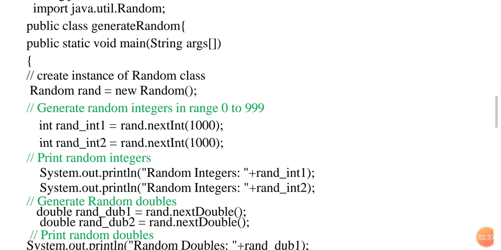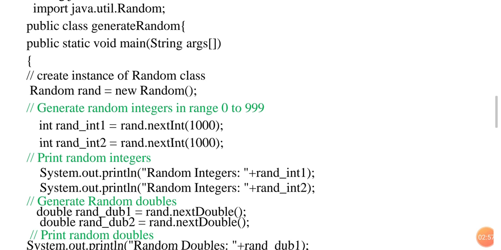Now we want to print the assigned random number values. For that we use System.out.println statements, with the random integers rand_int1 and rand_int2. The first prints the first random generated number, and the next statement prints the next random generated number.